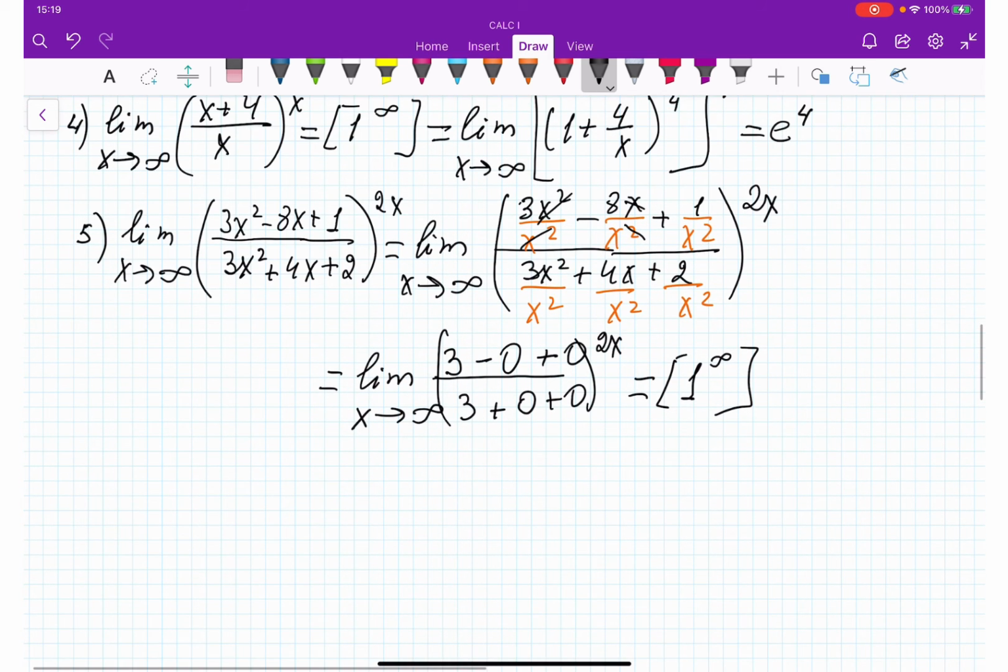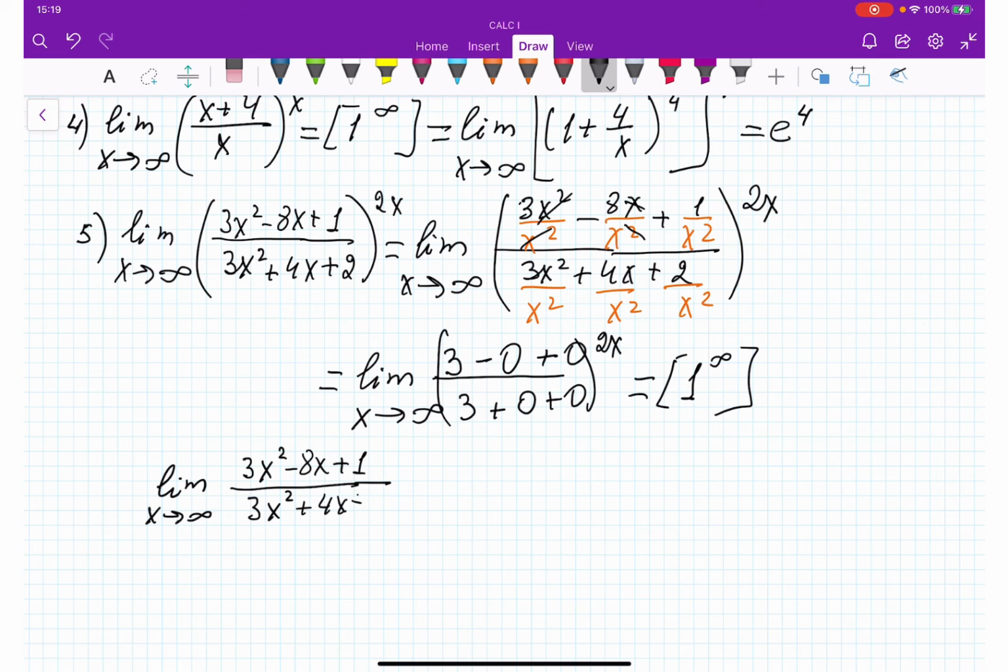So let's solve it. Limit as x approaches infinity, (3x squared minus 8x plus 1) over (3x squared plus 4x plus 2) to power 2x.